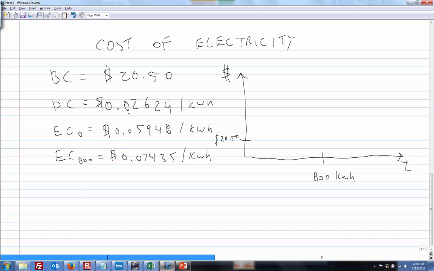So the first one is going to be DC plus EC naught equals a number. And the next one's going to be DC plus EC 800 equals some number.